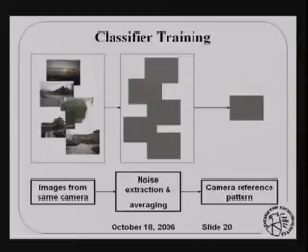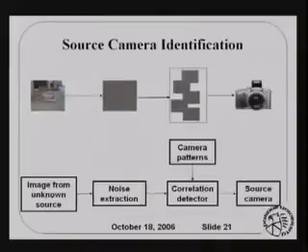So we already have a set of camera patterns, and an unknown image comes to us. We do the noise extraction on it, and then find the correlation of this noise pattern of the unknown image with all the existing camera patterns. Finally we decide on the basis of which camera gives us the maximum correlation value. That way we pick the camera, among them, that generated the image.